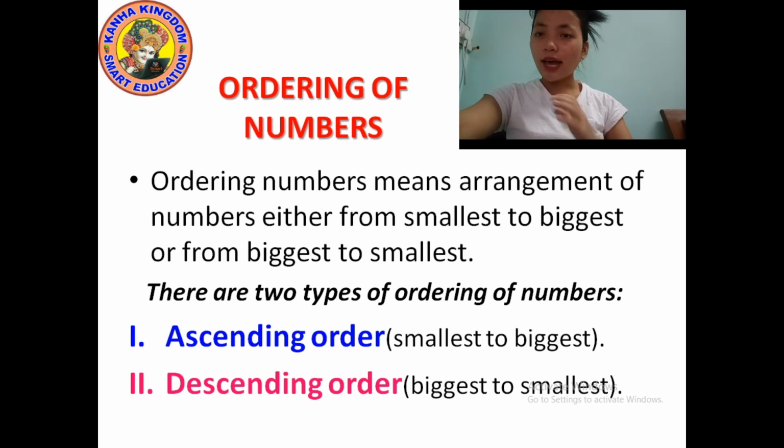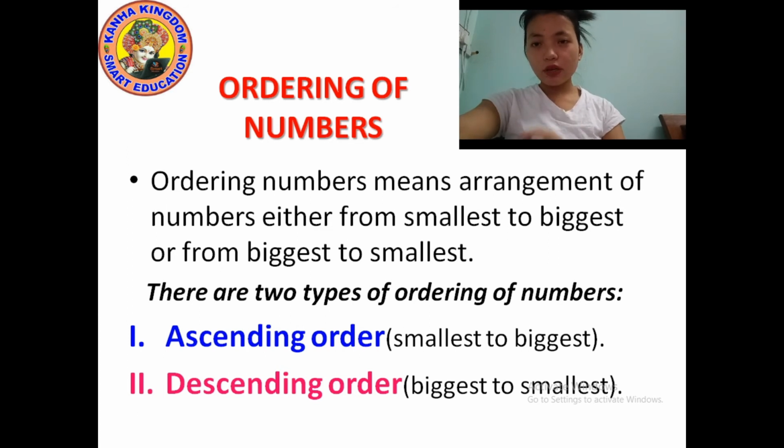The arrangement of numbers either from smallest to biggest or biggest to smallest is called ordering of numbers.